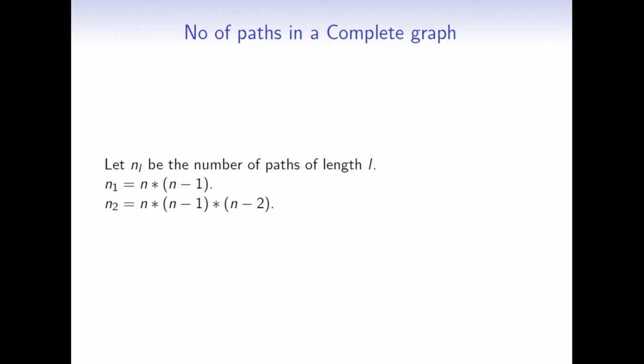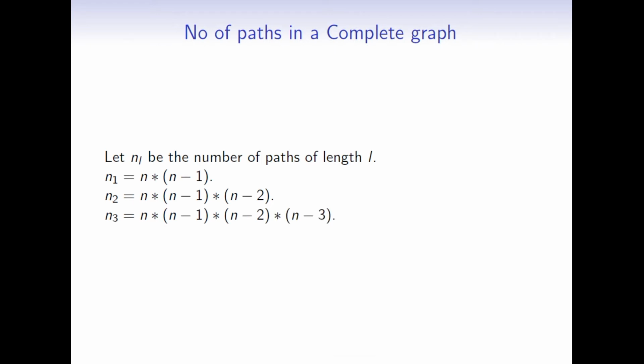The third vertex can be any one of the remaining vertices. There are n vertices, but you have already picked 2 vertices, so the number of vertices left is n minus 2. So the number of paths of length 2 is exactly equal to n into n minus 1 into n minus 2.